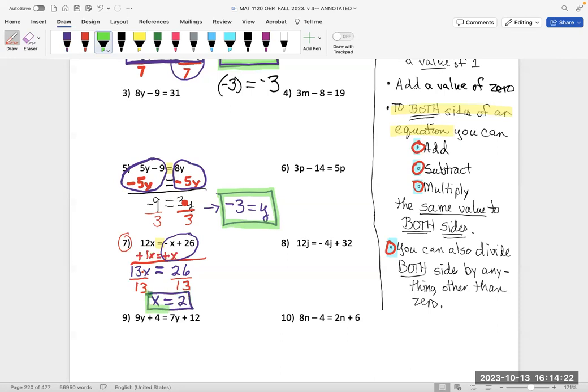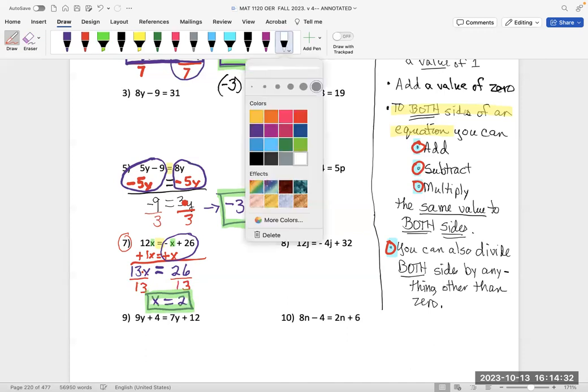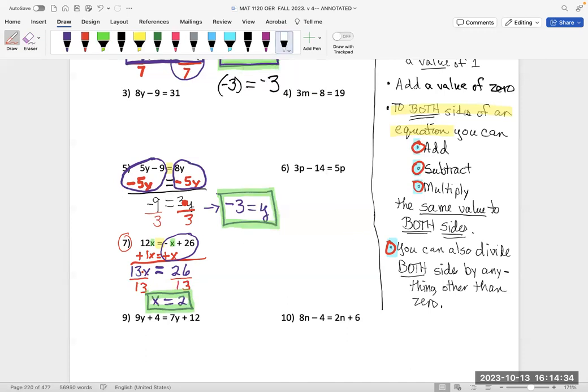So whenever x is 2, my equation in the green box will be true. Well, that means if I put a 2 in the original equation, it will also be true. So here's a quick check. Our mission was to find some number that when it's multiplied by 12 is the same thing as the opposite of that number plus 26.